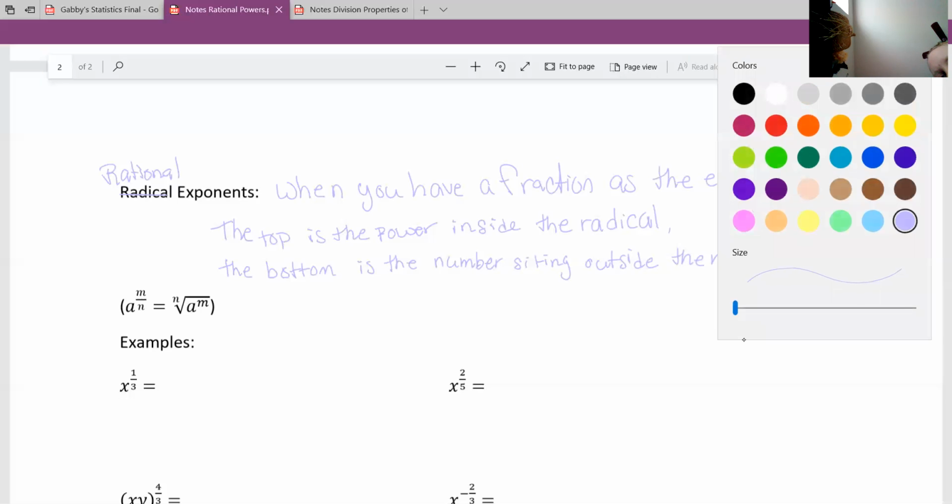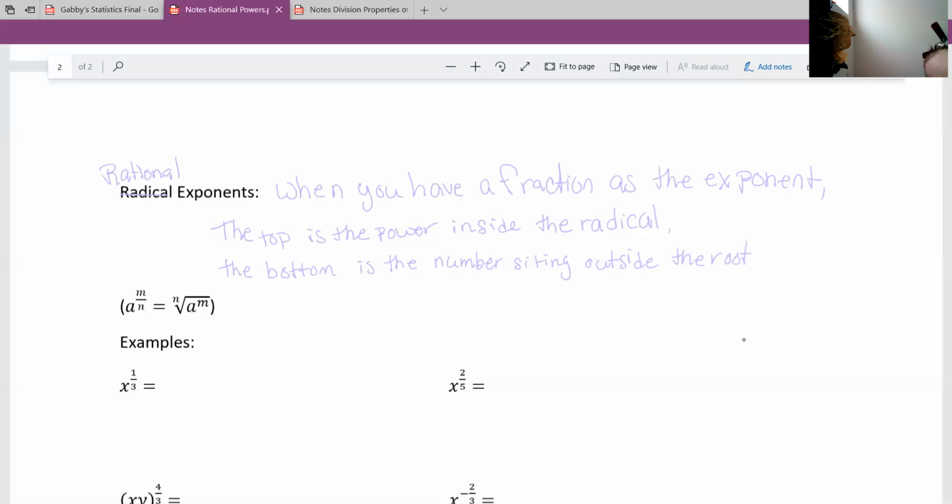So let's look at a couple examples. X to the power of 1/3. So I'm going to draw my radical. The bottom sits outside the radical, right on top. The base is going to go inside, and it's to the power of the top.